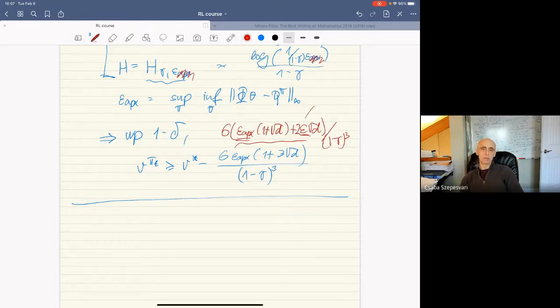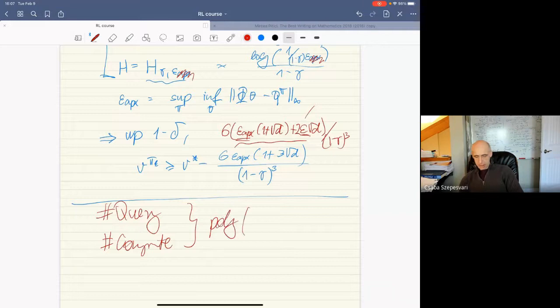And the total number of queries and the amount of compute is going to be polynomial in d. We had d squared core states.